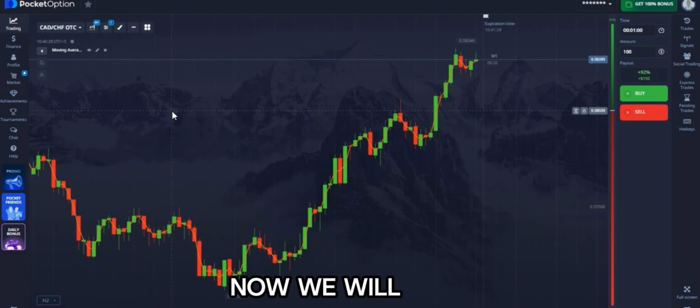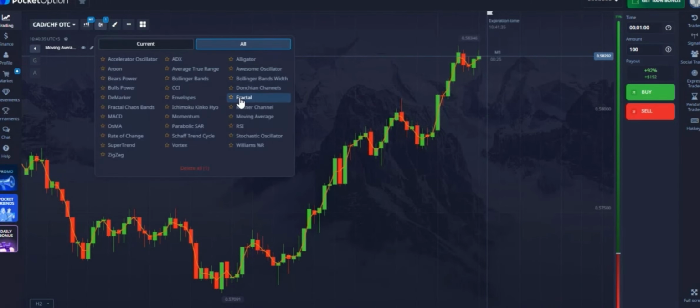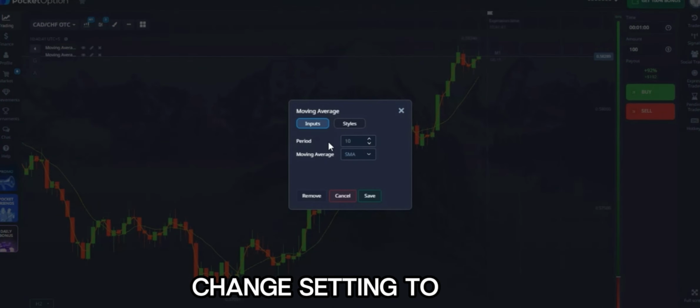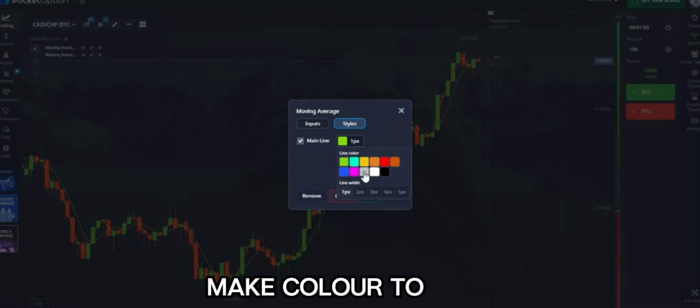Now we will add another indicator. Here we will change the setting to 5 SMA and make the color gray.